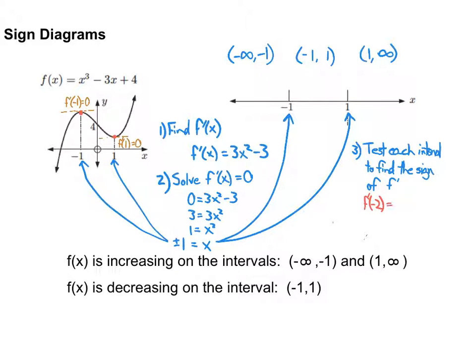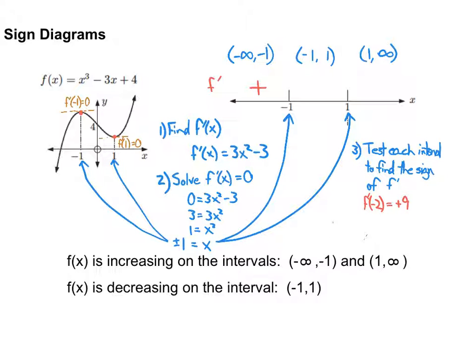If I plug negative 2 into f prime, I get negative 2 squared is 4 times 3 is 12. 12 minus 3 is positive 9. Okay? But really the thing that I care about is that my derivative is positive.